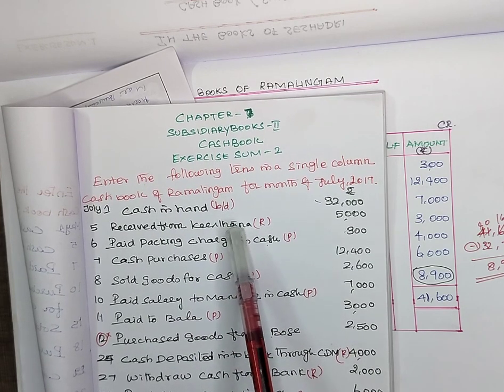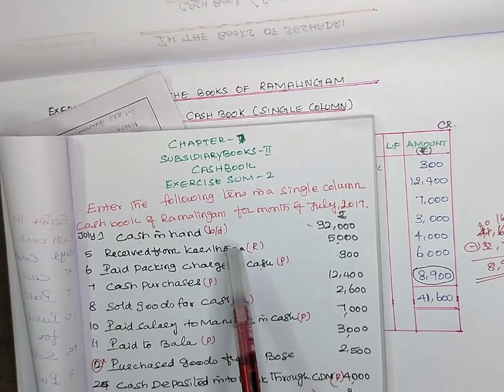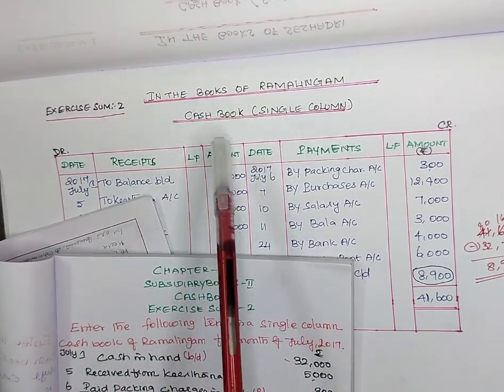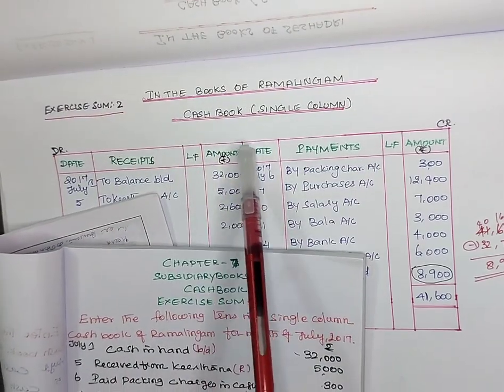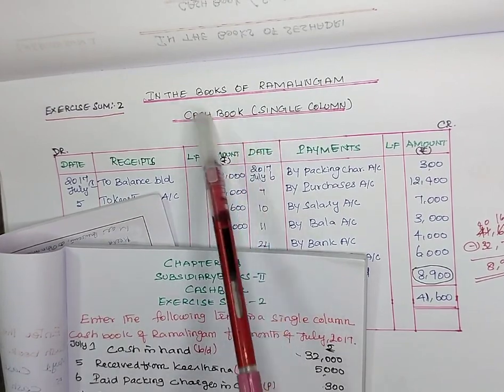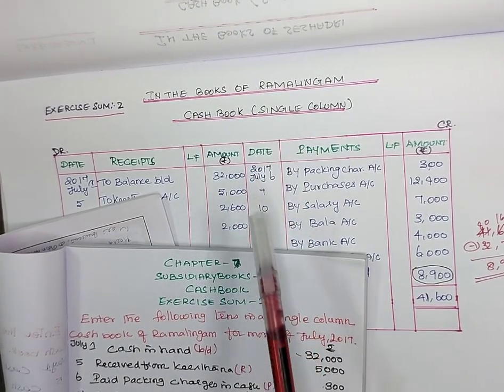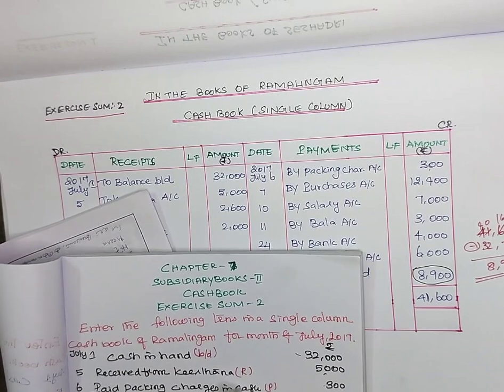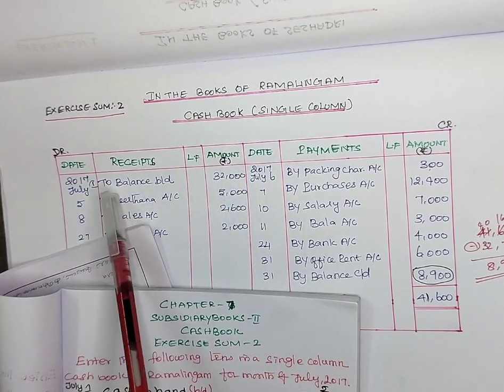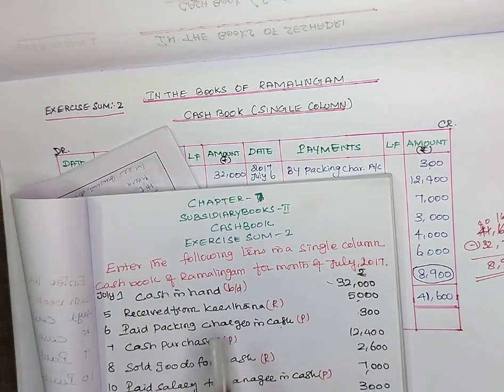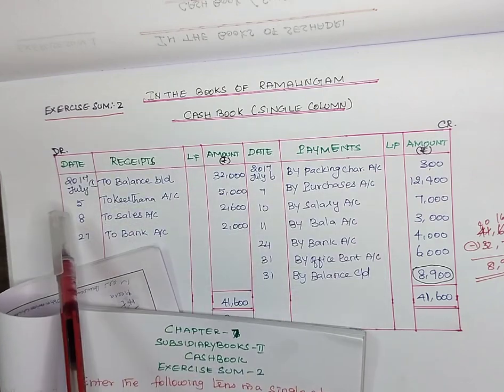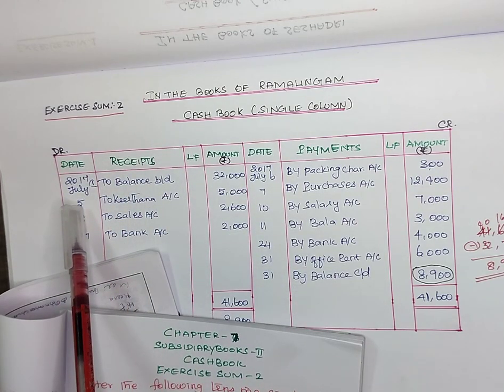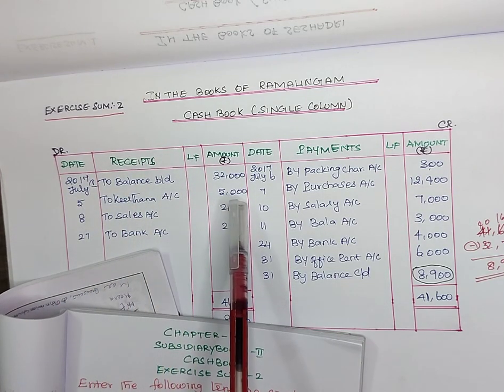Where is the cash account? Cash account is on the debit side. Imagine we are posting the cash account into the ledger account. What is the opposite account from the cash account? Kirtana account. So on the debit side, dated July 5, to Kirtana account 5,000 rupees.